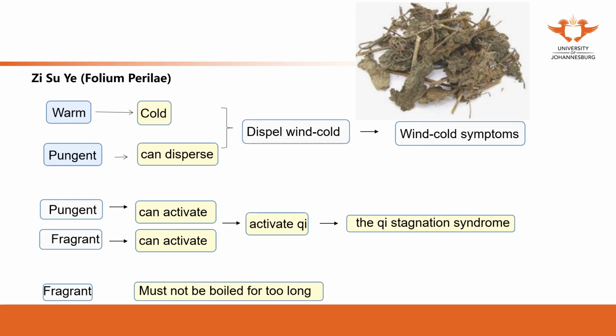For example, a patient presents with fever, aversion to cold or aversion to wind, runny nose, coughing with phlegm. In the meantime, the patient presents with nausea, vomiting, poor appetite, fullness in the abdomen. In this situation, Zisu can be used.